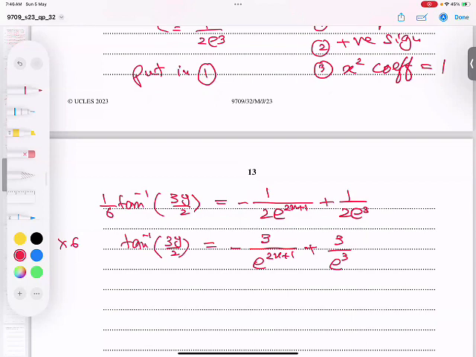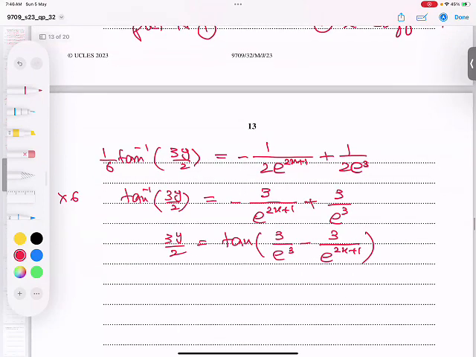If you take tan, this tan inverse will finish automatically. So I'm writing the positive sign value before and the negative sign later, although it's the same thing.